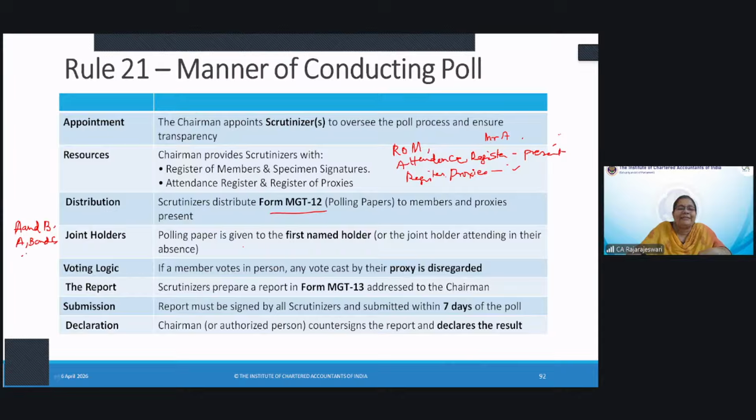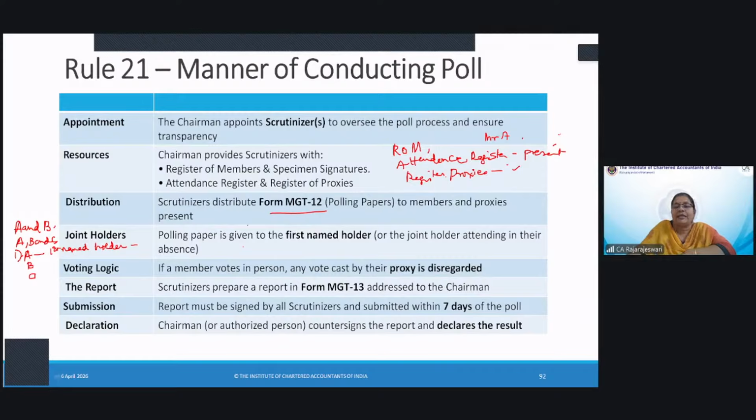So always in the order in which they have given their names. Suppose A's name comes first, then B and C come. A is called the first named holder in the joint shares. Generally, he will be given the preference.